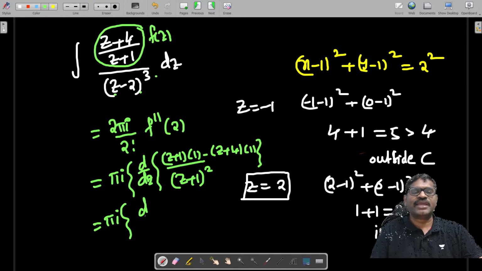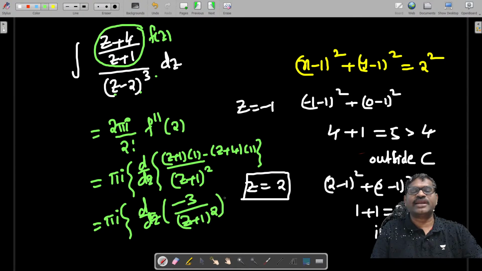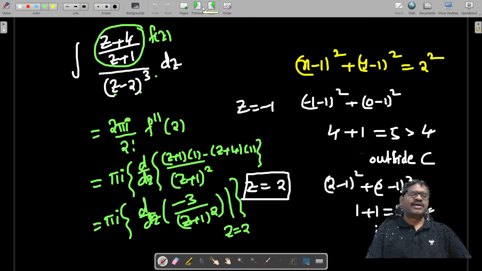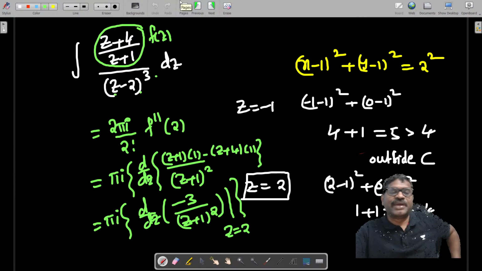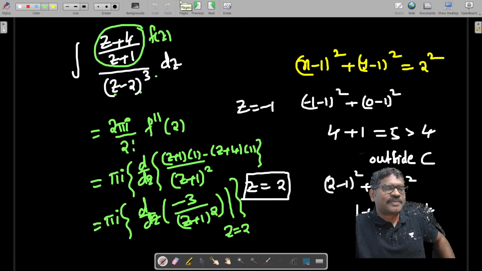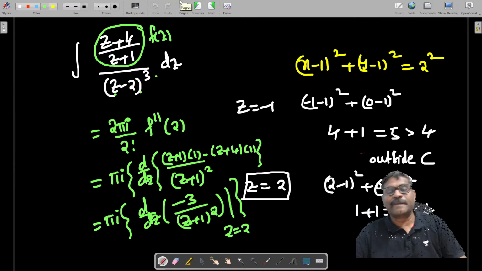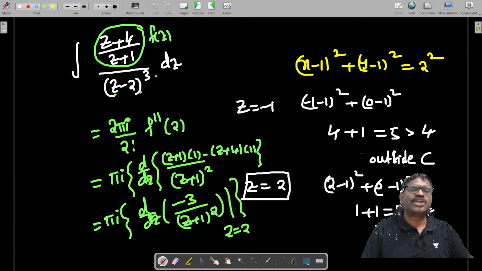Minus 3 by z plus 1 whole square at z equal to 2, continuation, pi i into the differentiation of minus 3 by z plus 1 whole square: minus 3 into minus 2, 6 by z plus 1 whole cube.